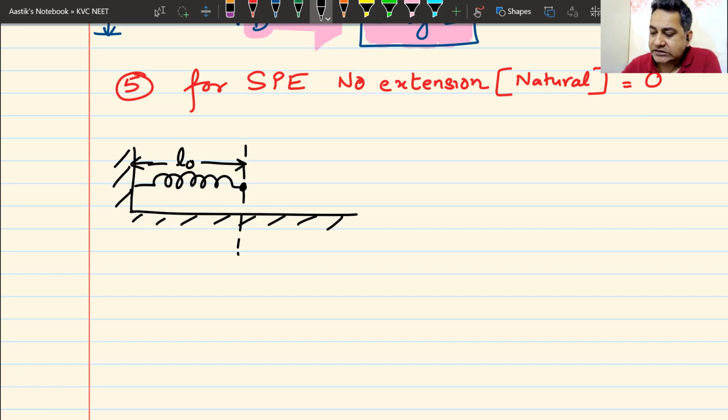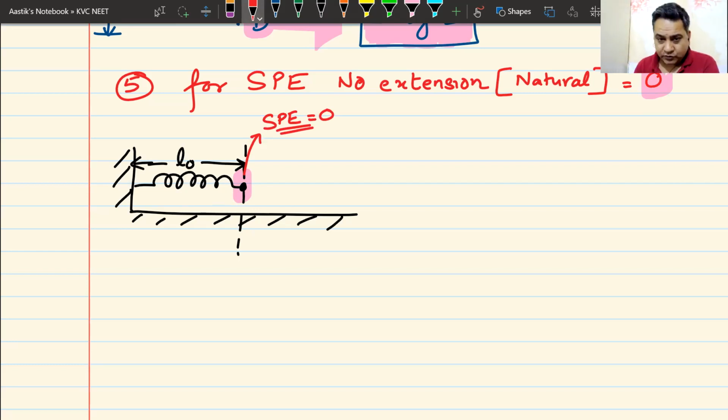At this point, the spring potential energy is 0. This is my 0. So I'll write it here. SPE, spring potential energy, is 0 at this point.